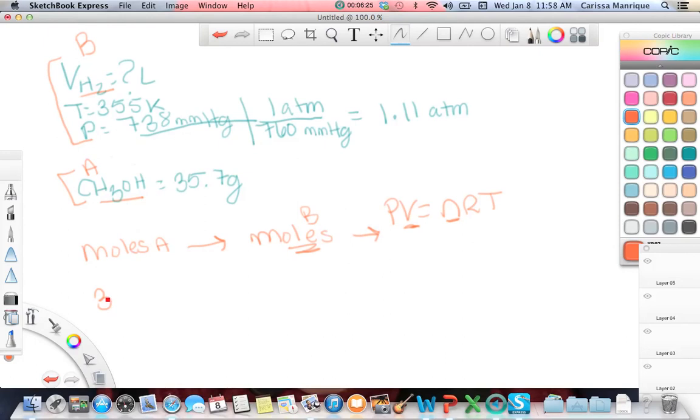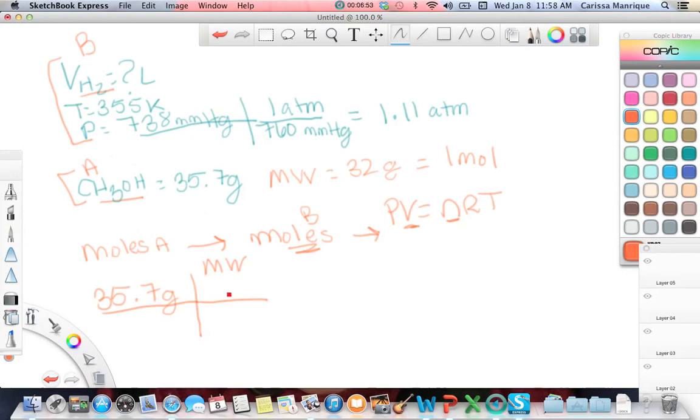So I have 35.7 grams. Remember, anytime I go from grams to moles, I use molecular weight, always. Let me just give you, I already calculated this, the molecular weight of methanol is 32 grams per 1 mole.